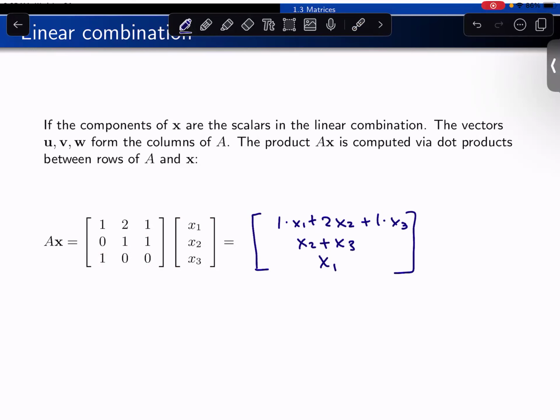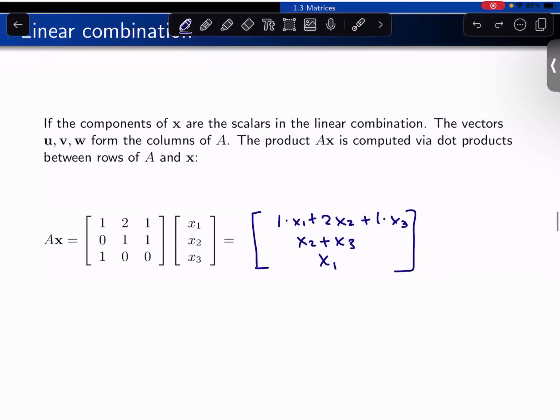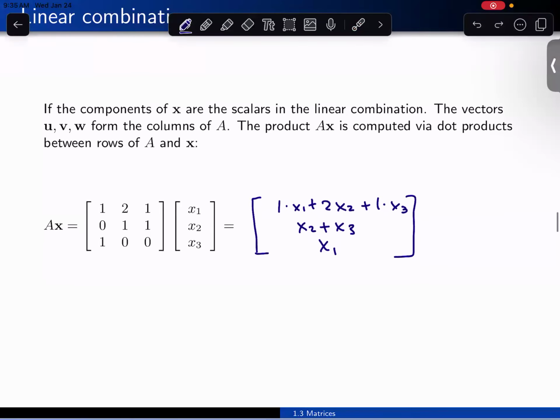And so you end up getting the exact same thing I had in the previous slide. I'm really just showing a bunch of different ways to compute these various products. I will say the most common way of doing matrix multiplication is this way right here, where you do the dot product of the row with the column to determine the entries.